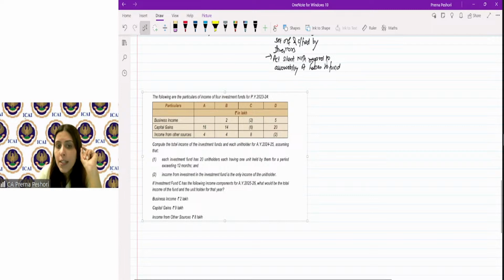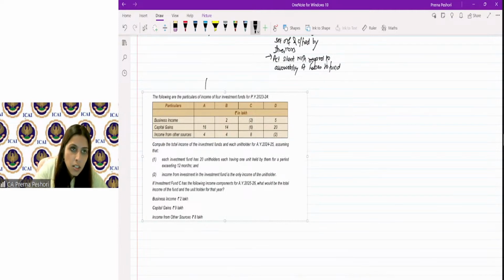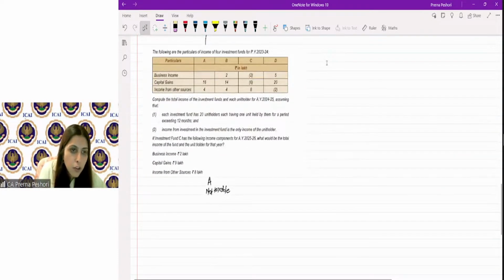Are we clear? So if 20 lakh is there as the total income of all the unit holders, for one unit holder, this will be 20 lakh divided by 20 unit holders. So 1 lakh will be the income. So for the fund, not taxable, then for the unit holder, this shall be 20 lakh divided by 20. So this will be 1 lakh.